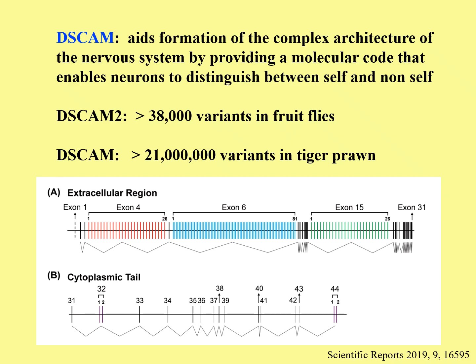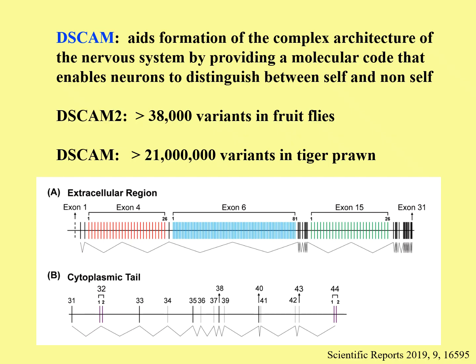Aberrant DSCAM expression is linked to central nervous system defects and cognitive deficits observed in conditions like Down syndrome and autism spectrum disorders. The DS in DSCAM stands for Down syndrome. In a type of shrimp called the tiger prawn, there are over 21 million DSCAM variants.